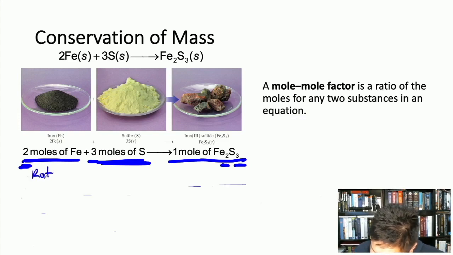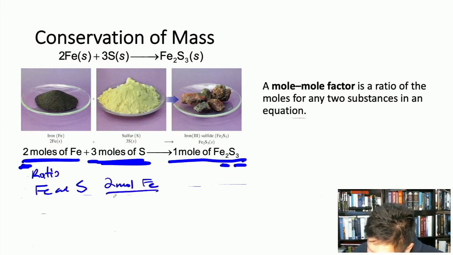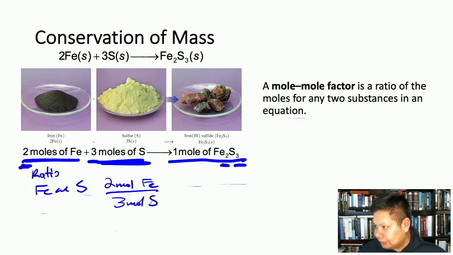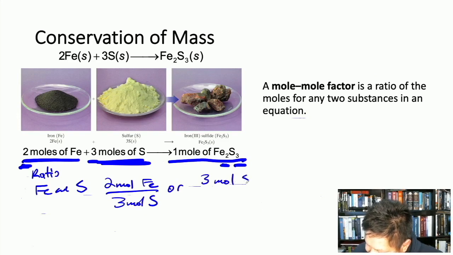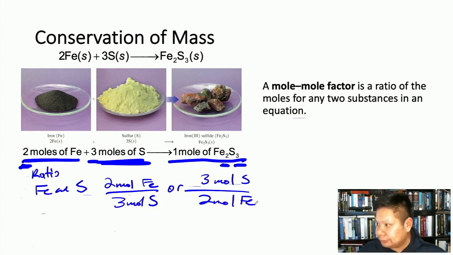The ratio of, for example, iron and sulfur: we have 2 moles of iron for every 3 moles of sulfur, right? Does that make sense? In iron sulfide, which we can also write this way, as we've done in previous examples, 3 moles of sulfur for every 2 moles of iron, right?